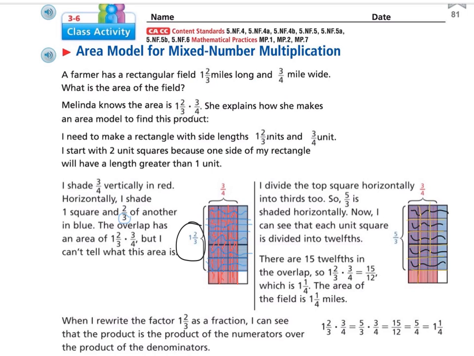1, 2, 3. Okay, and then she did the quarters. 1, 2, 3, 4. And then the overlap, what I really want you to see is this right here.